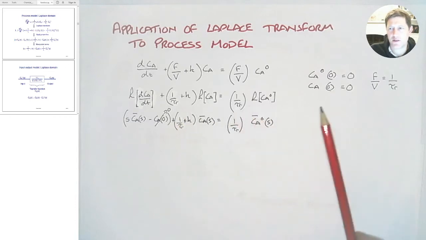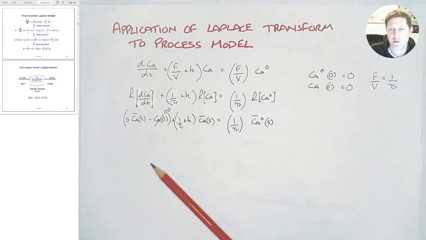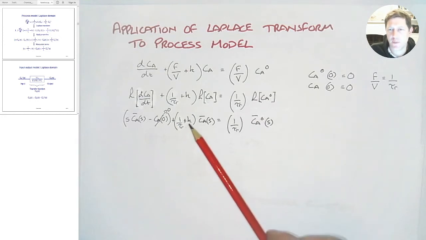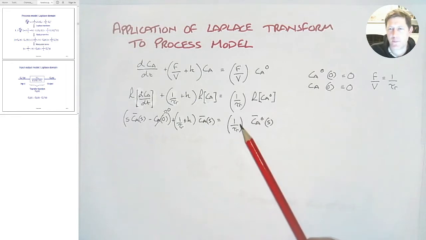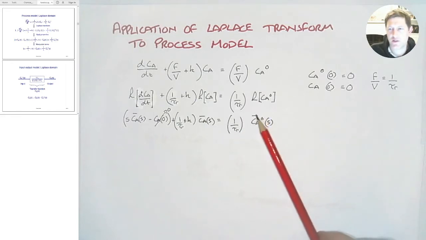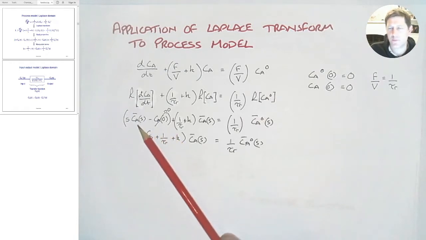And we've defined the Ca0 as being 0, and so that term is going to go to 0 in our example, plus Laplace transform of Ca is equal to Laplace transform of Ca0. So we can just tidy that up and take out the common factor of Cas, and there we have our expression of the differential equation.